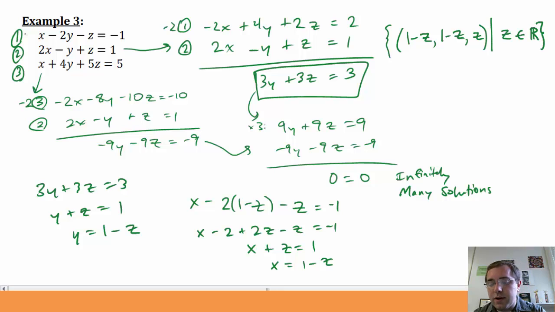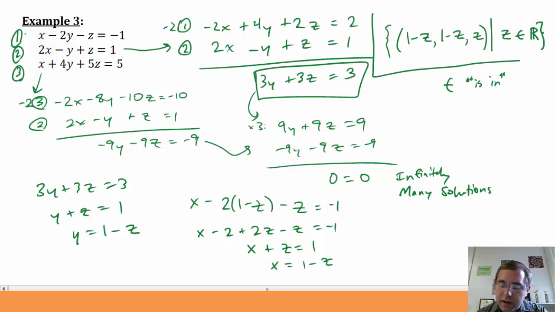So you know the symbol for real numbers. This symbol, it looks like a backwards curved E thing, means is in, or is an element of the set. So here would be all of our solutions. All the points of the form 1 minus z, 1 minus z, z, for any real number z.